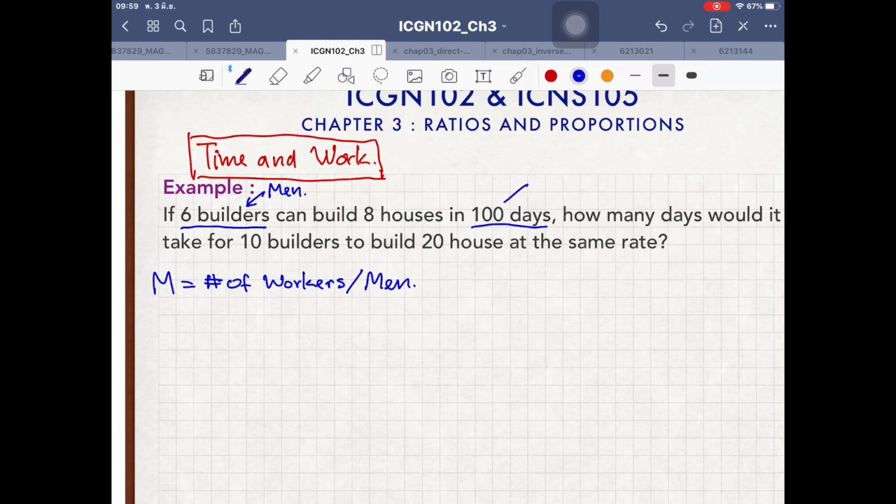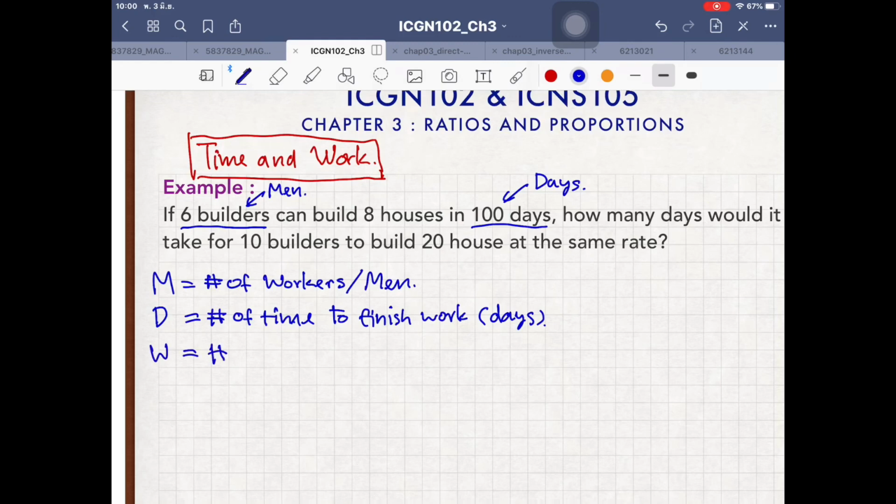All right, so here let's make it to be the term D, the amount of time to finish the work. The unit will be in days. And then the last thing is the term W. This is the amount of work.